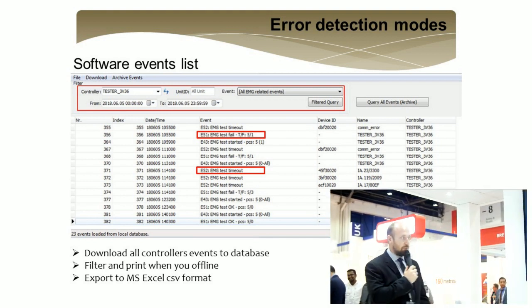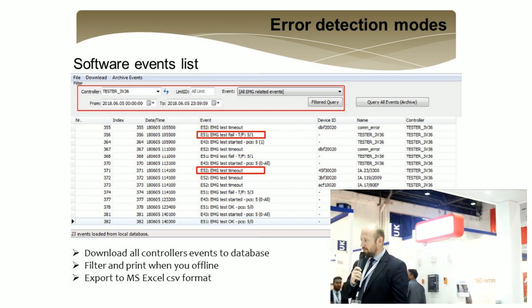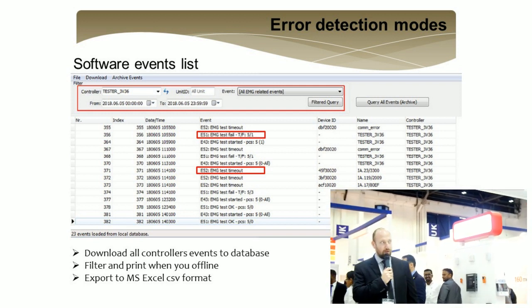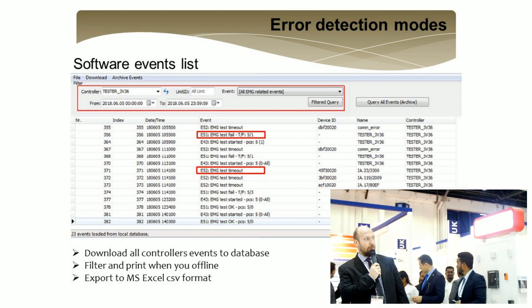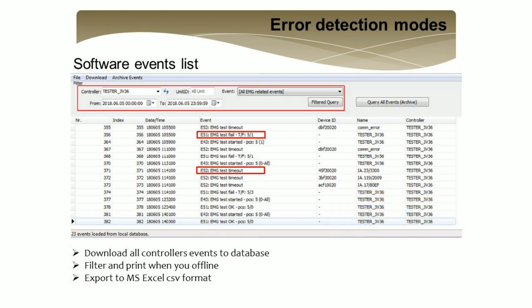So EMG test fail. 3 of these 5 lights failed, and up to here you can find the 3 IDs with this red box, the IDs of the device and the name of this device, the name section and the unique IDs, and which main panel has this light.